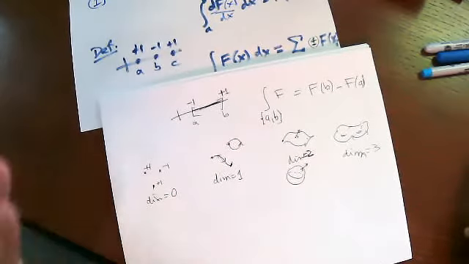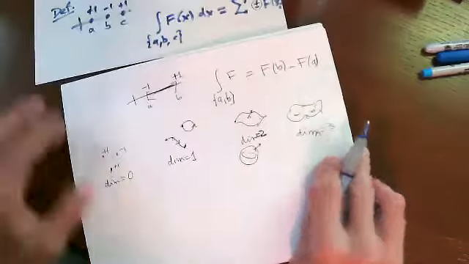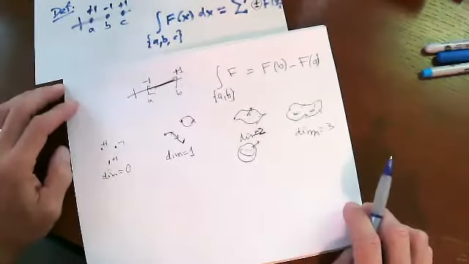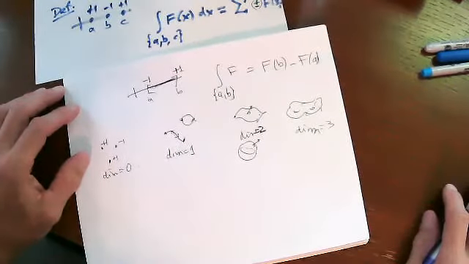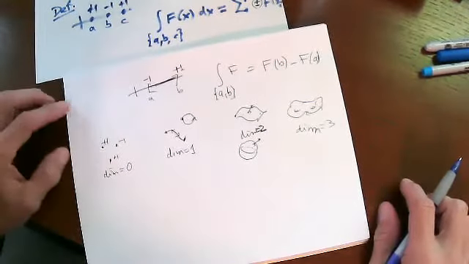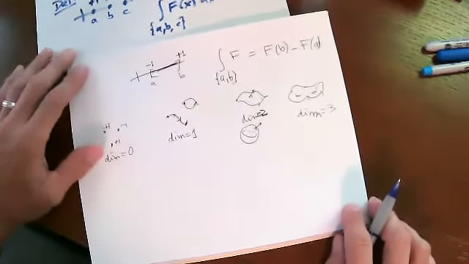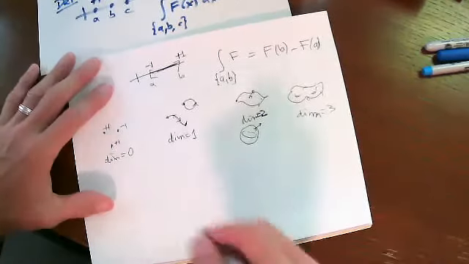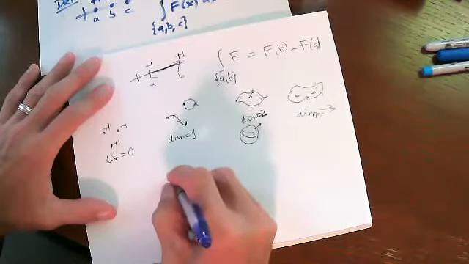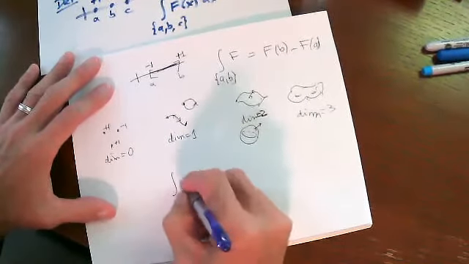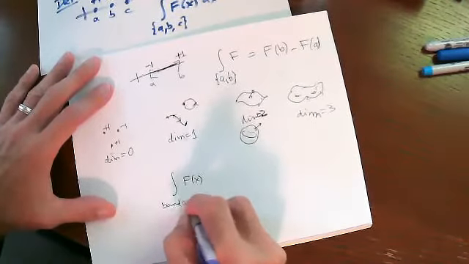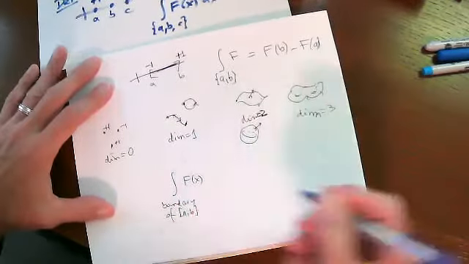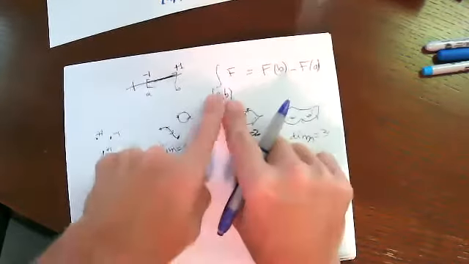So what I've tried to get you to see is that the kind of expression that you already saw on the right-hand side of the fundamental theorem of calculus can actually be thought of as a zero-dimensional integral of a function of one variable. And the way the fundamental theorem of calculus works is it says, if you want to compute a zero-dimensional integral of a function of one variable over the boundary of an interval, so again, I'll remind you that the boundary, the edges of this interval, would just be the 2 points.